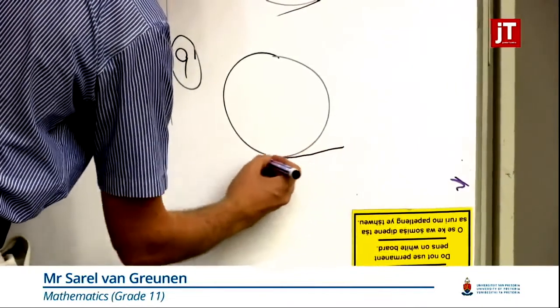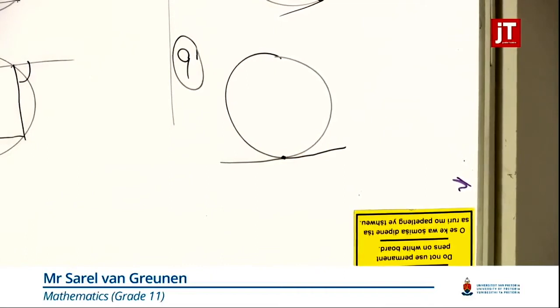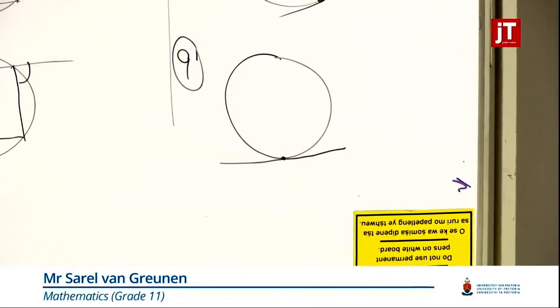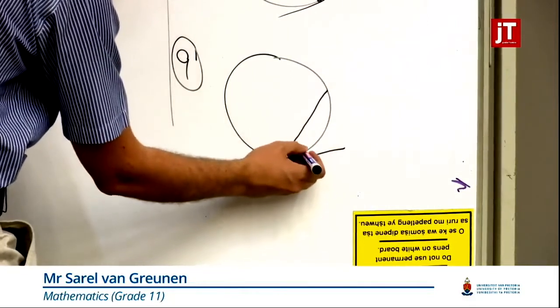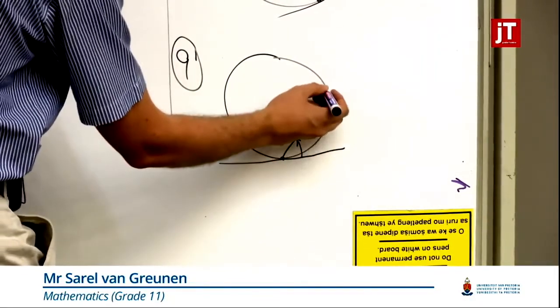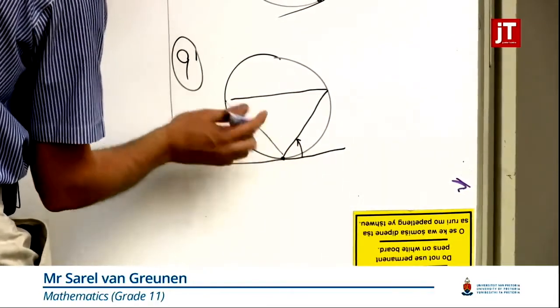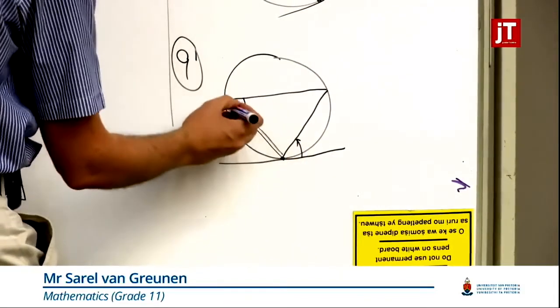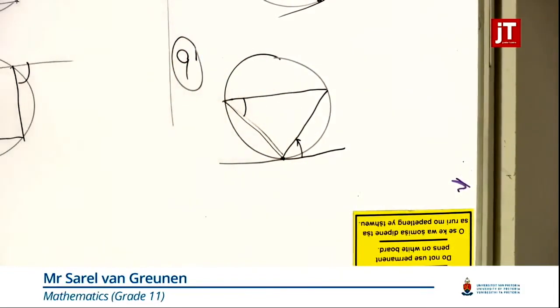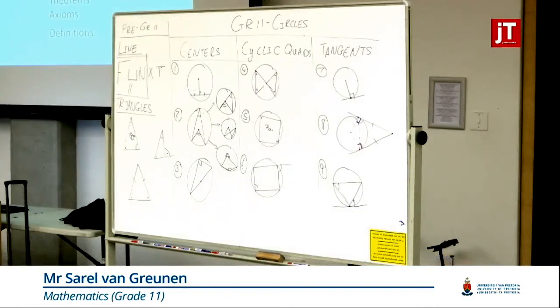Theorem 9 is most probably the most important tangent theorem. Theorem 9 says the angle that's formed between the tangent and the chord must be equal to the angle formed in the interior opposite circle segment. Now please, this is the second finger theorem.